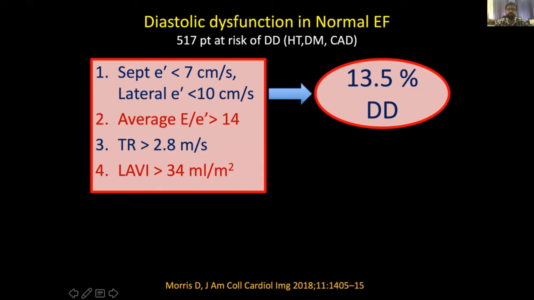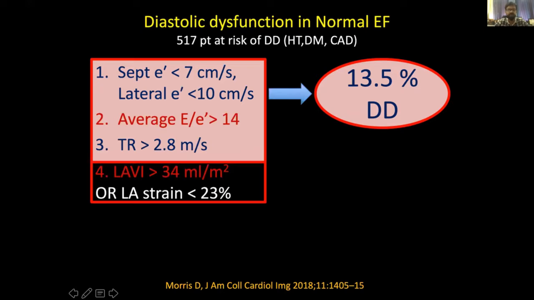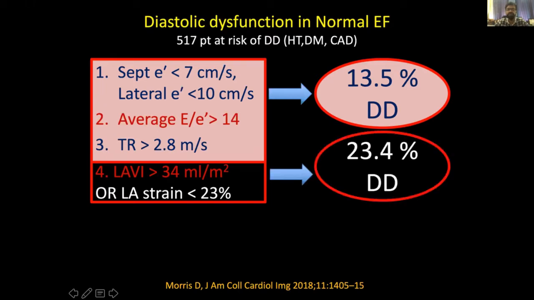So we are talking about people who were asymptomatic, who had a normal EF, who were at risk of having a problem. But when you added a left atrial strain value, the identification of diastolic dysfunction increased.